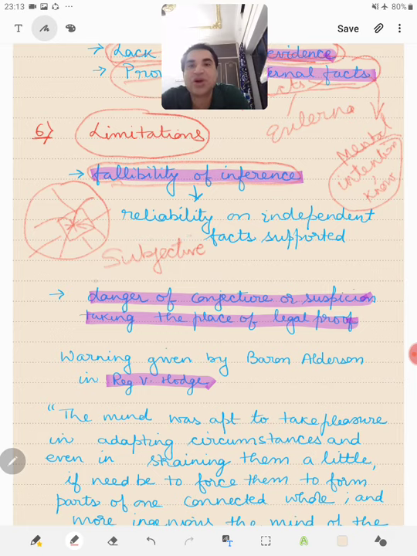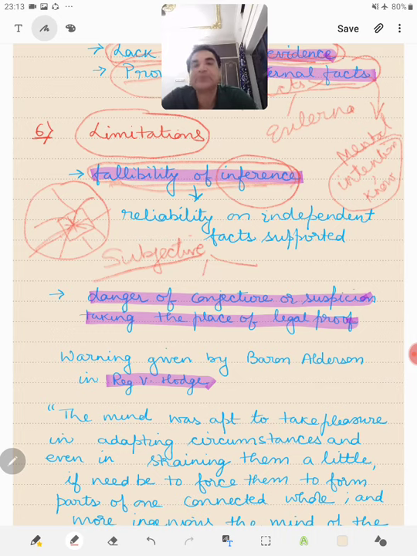The judgment or the conclusion or the inference which is drawn by one may vary from the other. And that is why there is fallibility of inference, that there may be cases where the inference drawn is not correct. Now, how do we remove that problem?